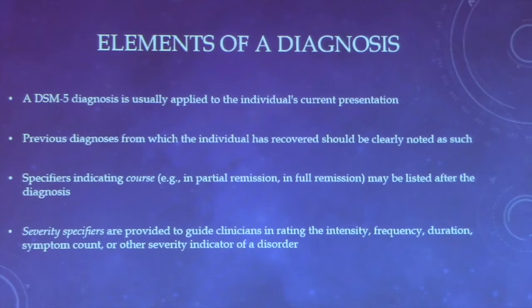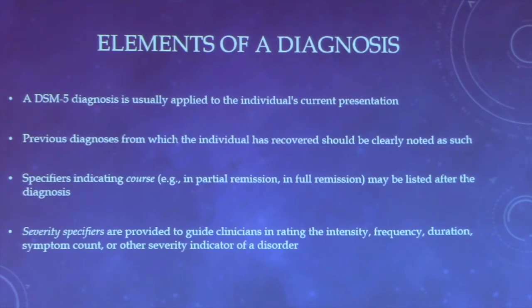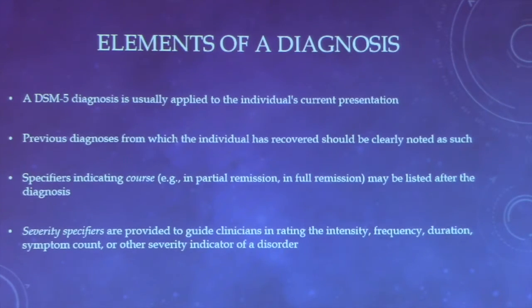The primary diagnosis is usually how the individual presents to you, and you can use the previous diagnosis as well. And then you can use the specifiers like in remission, full remission, which you will learn when you learn about individual disorders. And of course there are severity criteria, mild, moderate, and severe.